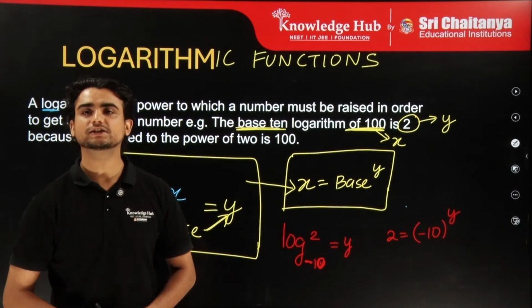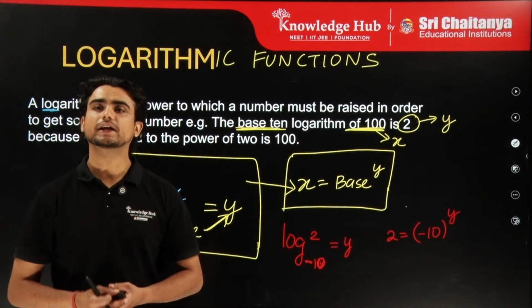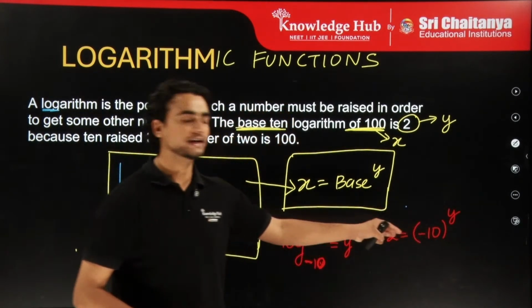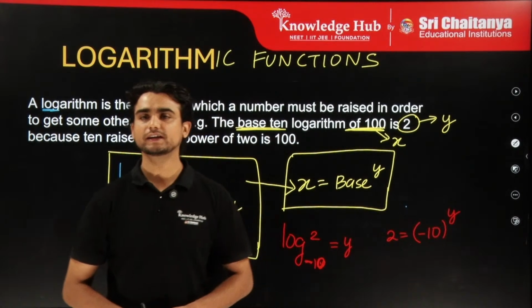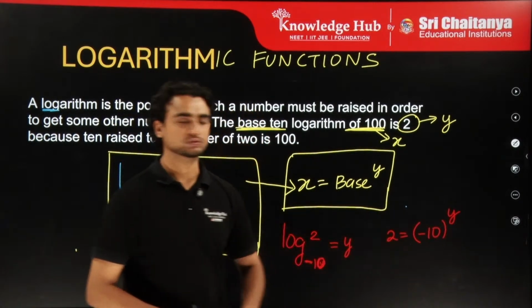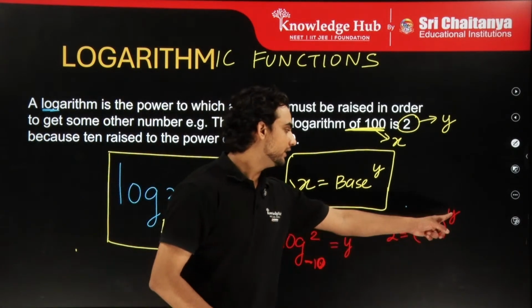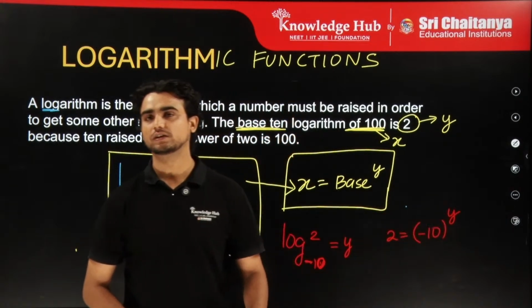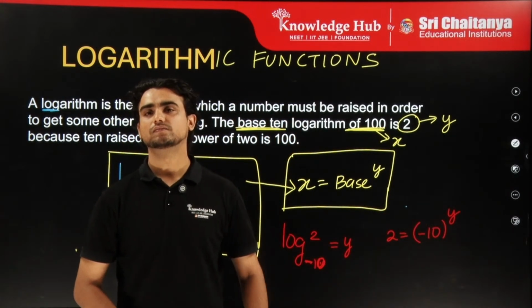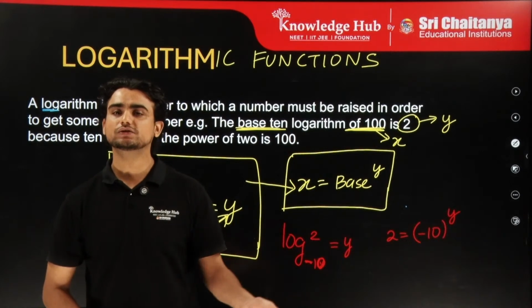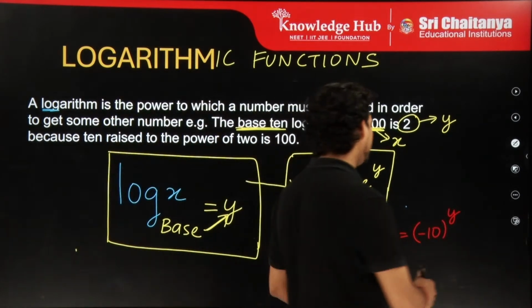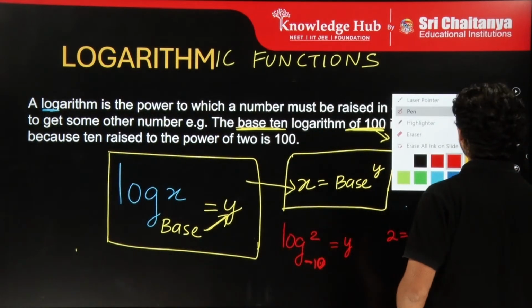Minus 10 raised to 3 gives a negative number. So LHS is negative, RHS is positive. So here we have some issues. If we take an even number, then we can get it correct, but for all values it is not possible. So that's why we can only take base as positive.